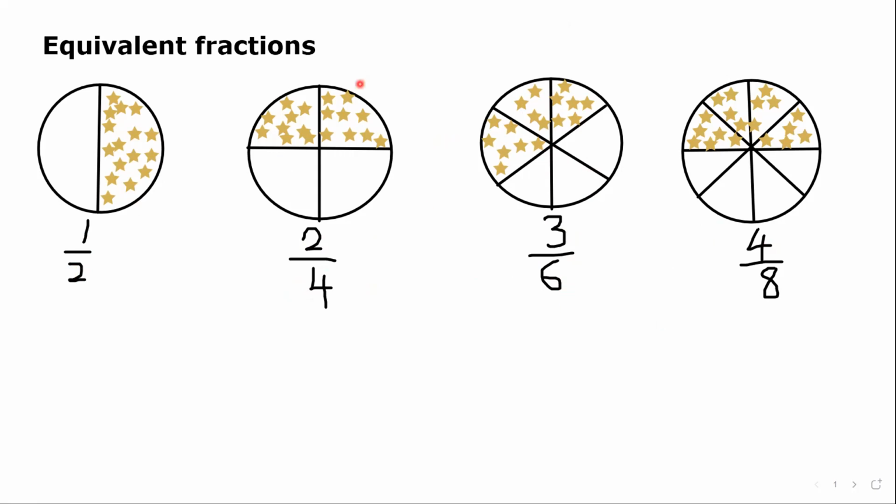Okay, good. Which means these fractions here are equivalent. 1/2 is equivalent to 2/4. 2/4 is also equivalent to 3/6. 3/6 is also equivalent to what? 4/8. 1/2 can also be equivalent to 3/6 and 4/8. So this is how equivalent fractions look like.